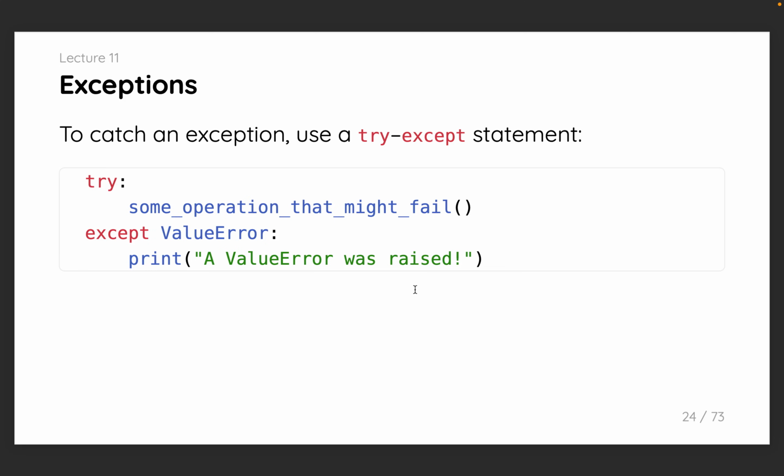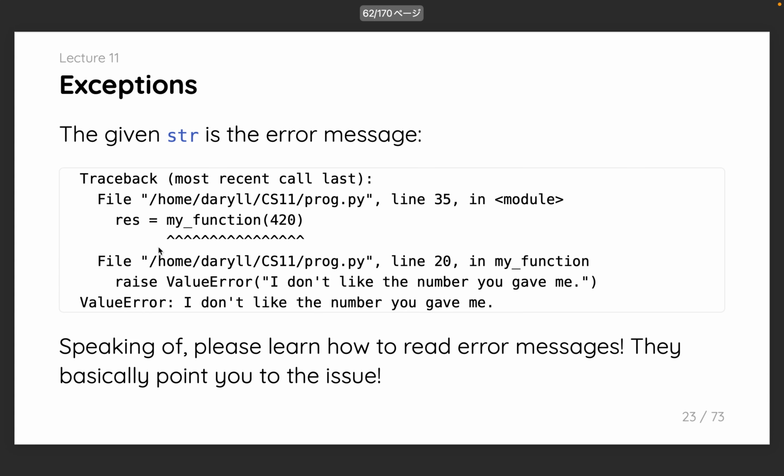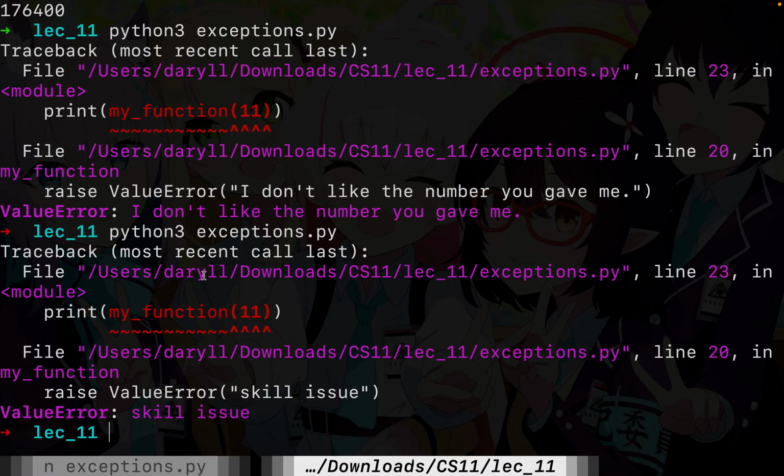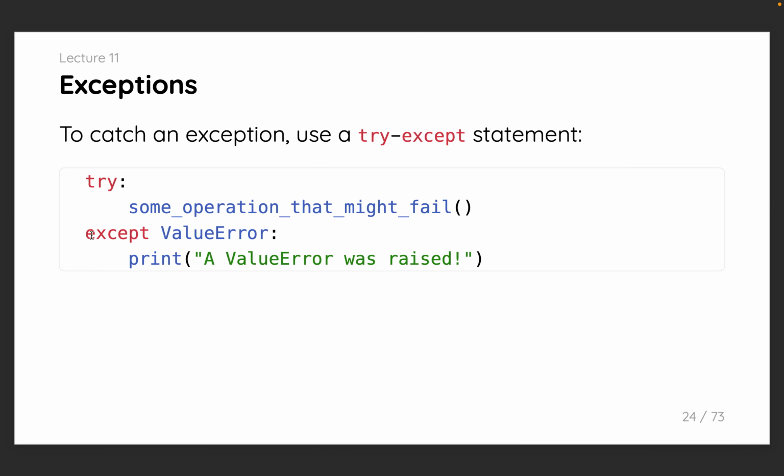Okay, so aside from raising exceptions, so you want to complain by raising an exception, how do we handle those? Your function call raises an exception. What do we do about that? Cry about it? Well, we can actually do something about it.